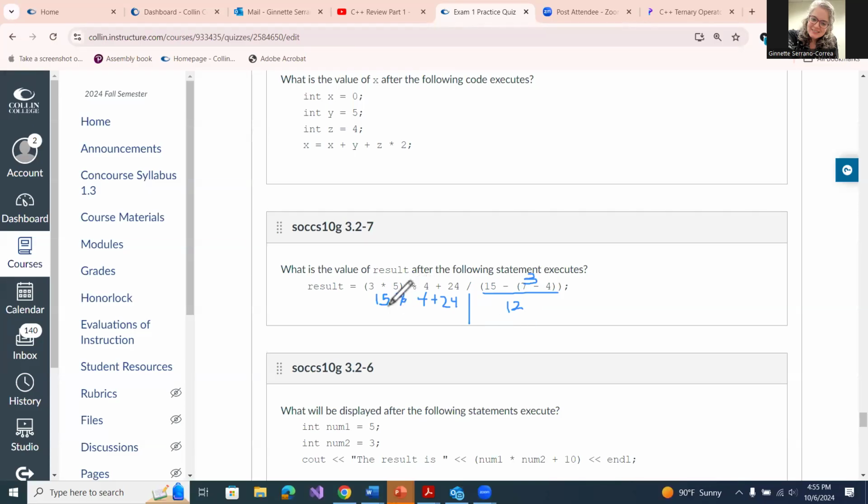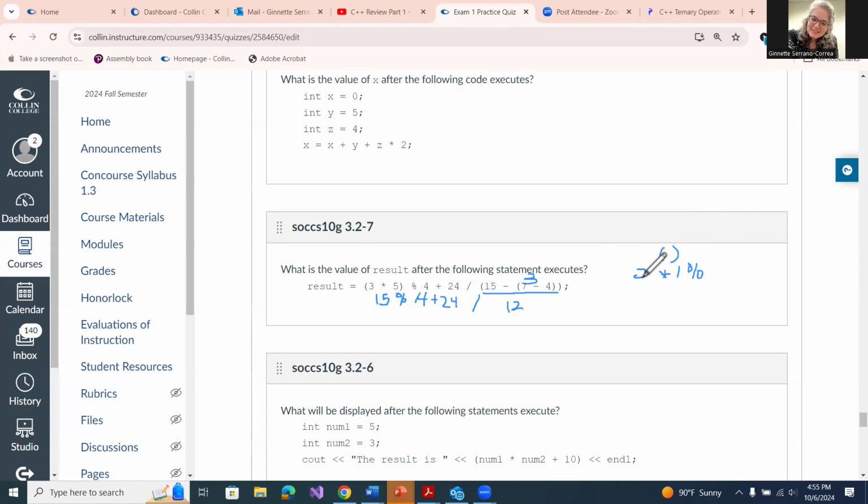Okay. So you have modulus and you have addition and you have division. Modulus and division have the same priority. So we have parentheses first. Then we have multiplication, division, modulus, but these have the same priority.